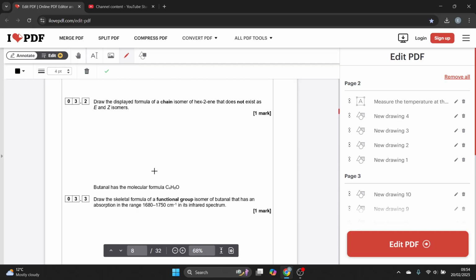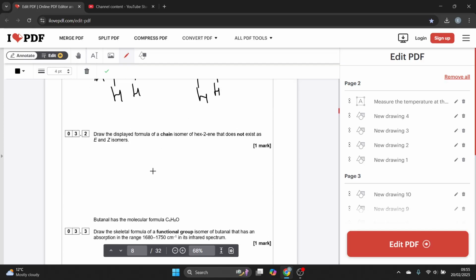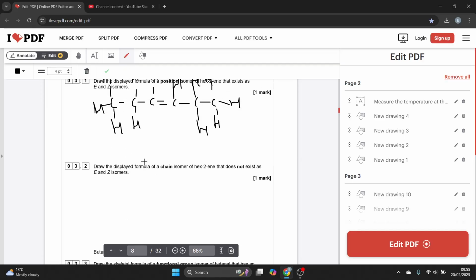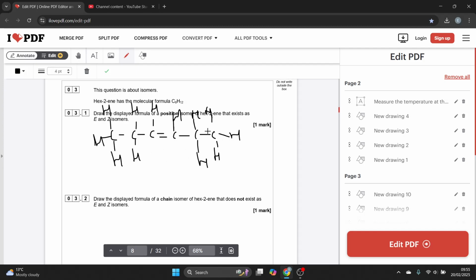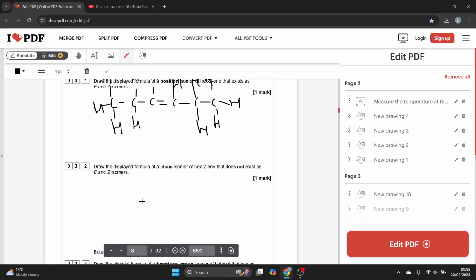Draw the displayed formula of a chain isomer that does not exist as E and Z isomers. Hexene. This is a position isomer, you change the position of the functional group. A chain isomer has to be a change in the chain, right? So I could have, for example, 4, 5, 6. I have a double bond here, hexene.